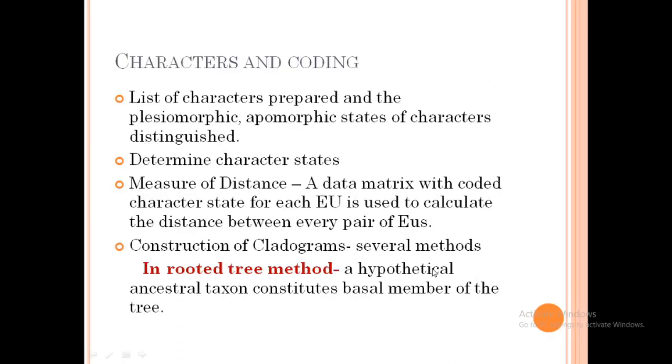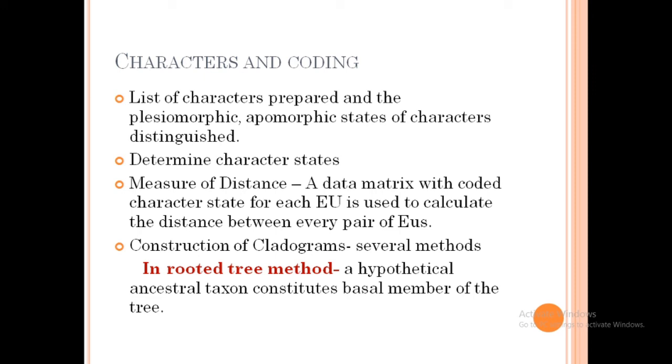Okay, so how can you code it? There we studied numerical taxonomy, how we can code. Here, how can we code it? A list of characters is prepared. We studied plesiomorphic and apomorphic characters, derived and primitive. Then determine the character state. Then find out the distance, a measure of distance.